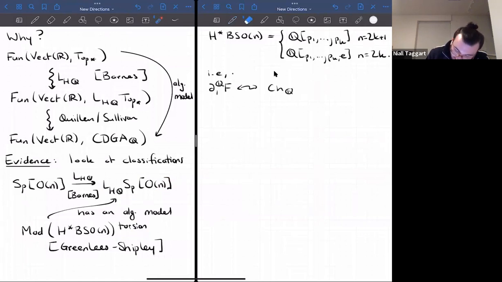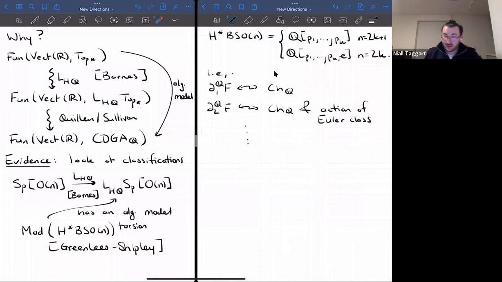And the second one is the same thing up to homotopy as a rational chain complex and an action of the Euler class. And so for higher ones, depending on the arity, you'll have either an action of Euler classes and Pontryagin classes, or just an action of Pontryagin classes.